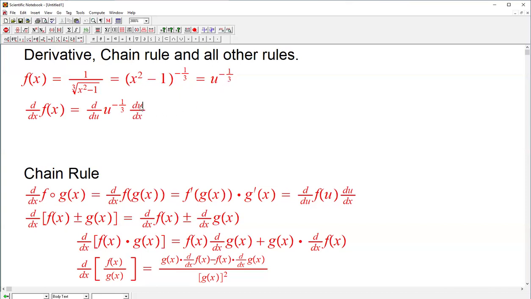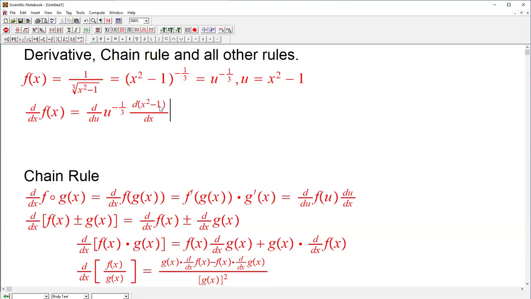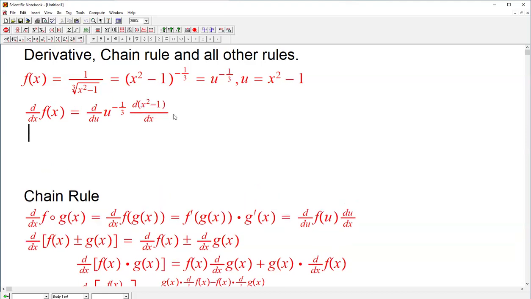Of course, u is x squared minus 1 in our case. So now we can put the u in its place. There we go. So that's the setup for chain rule.